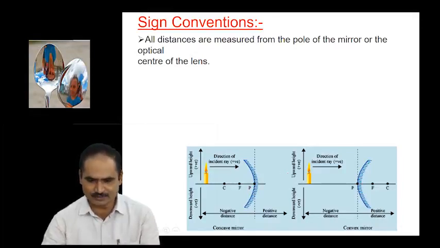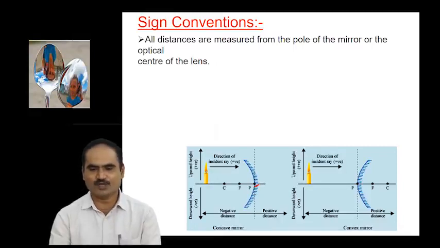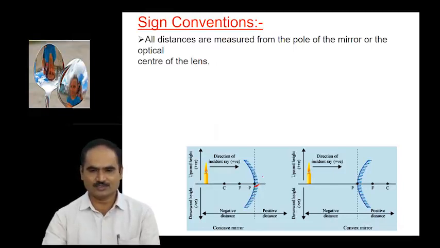So here you can see, right. All the measurements should be measured from the pole of the mirror. That is the first sign convention. The second sign convention is the distances measured in the direction of incident ray, in this direction, are taken as positive.